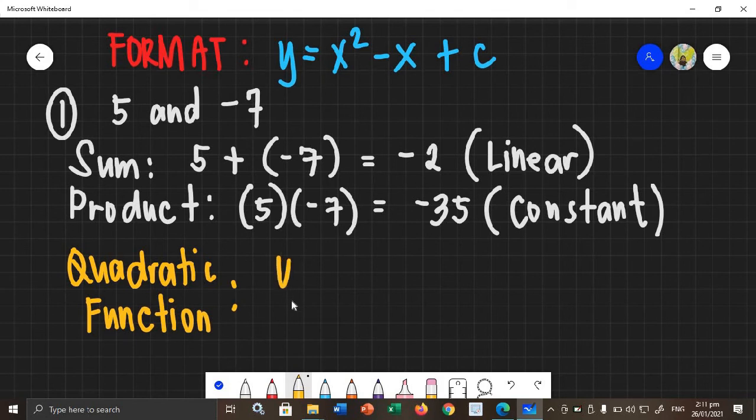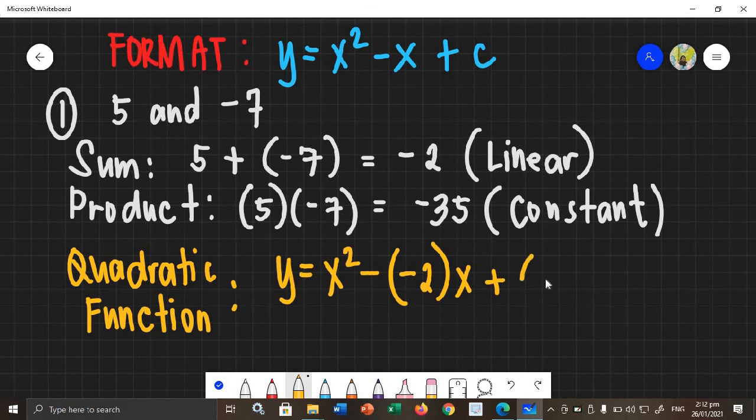So, we have y is equal to x squared minus yung linear term mo ito. So, lagay mo lang yung na-solve mong sum dun sa linear term mo. Okay? So, we have minus, let's say, yung coefficient ng linear term is -2. And then, yung variable mo, x. Okay? Plus, yung constant mo, -35.